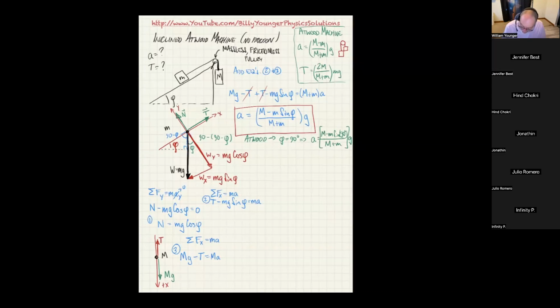But what is the sine of 90? Anyone? 1. So you end up getting M minus m over M plus m, which is exactly what we got for the Atwood machine, right? So that's a nice check.